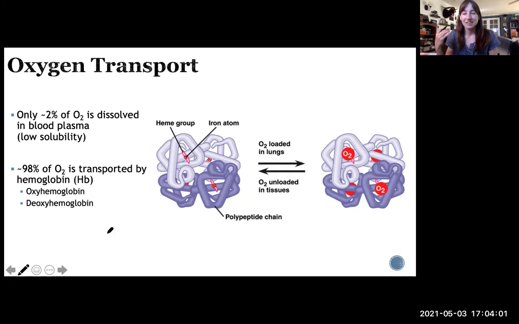Literally only about 2% of the oxygen from the alveoli actually diffuses through simple diffusion into the blood plasma. Oxygen has a low solubility. So only 2% of the oxygen your tissues get comes from simple diffusion from the air into the plasma of the blood. The rest has to get there a different way.